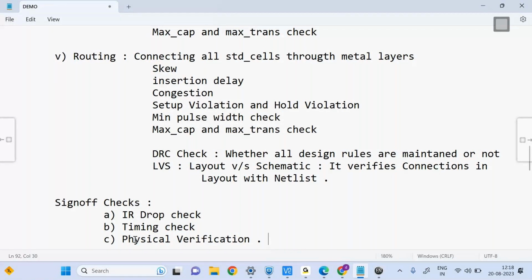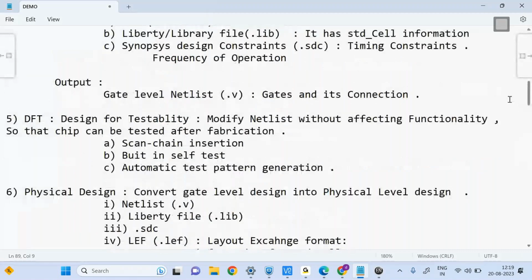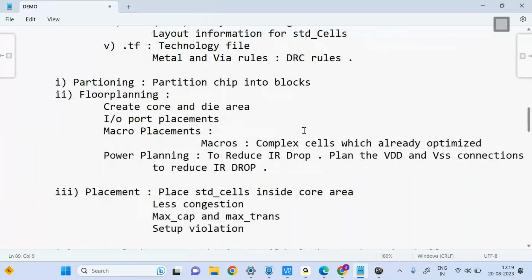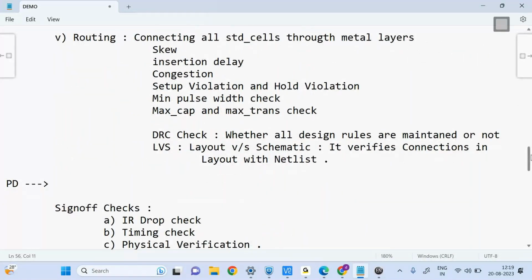So whatever physical design we have done, the entire PD, starting from floor plan of a block right till routing, we do using a tool called ICC2.